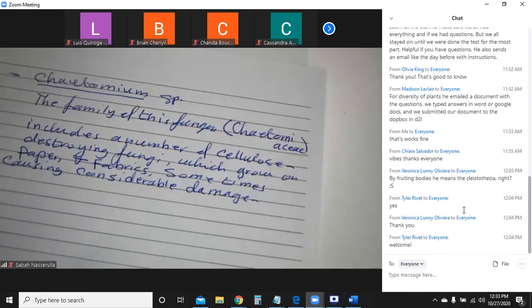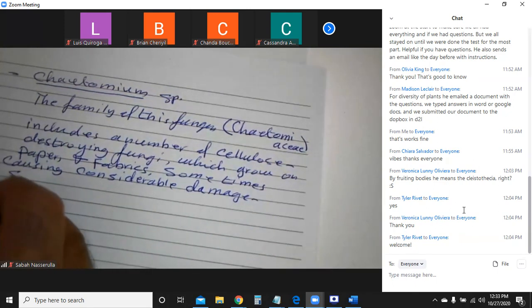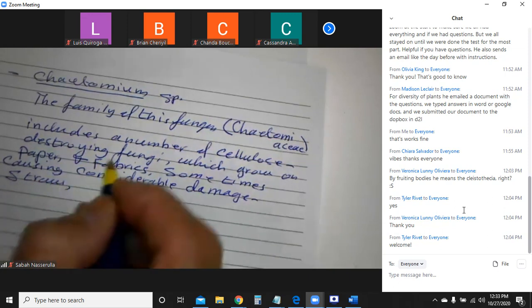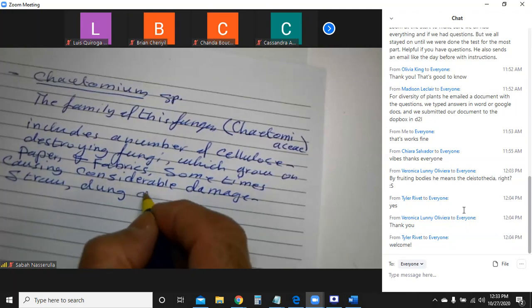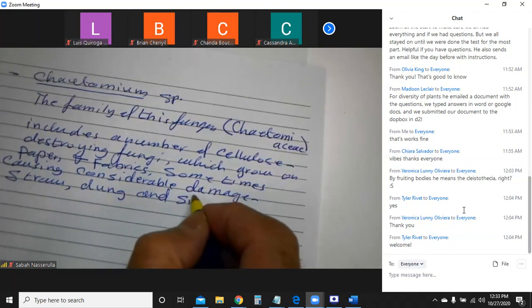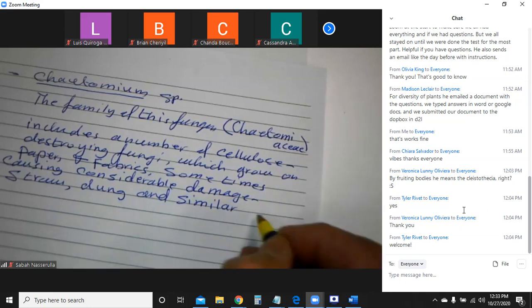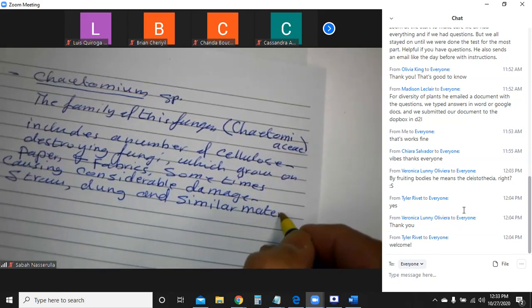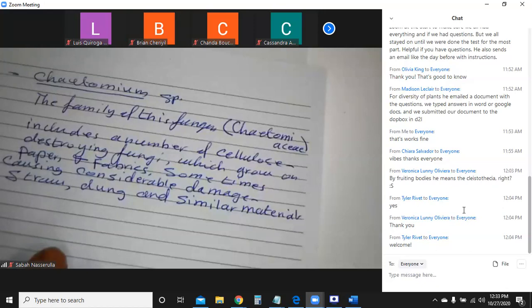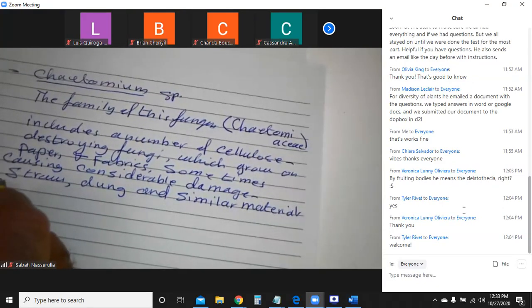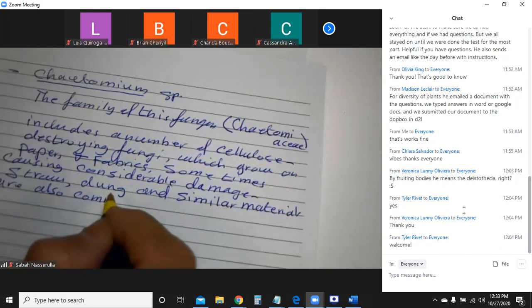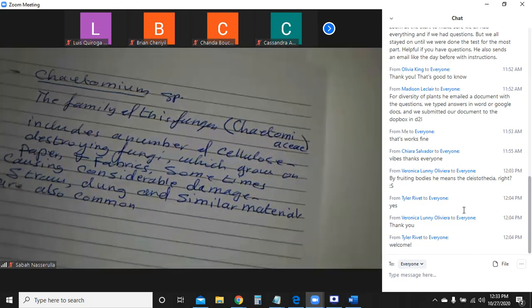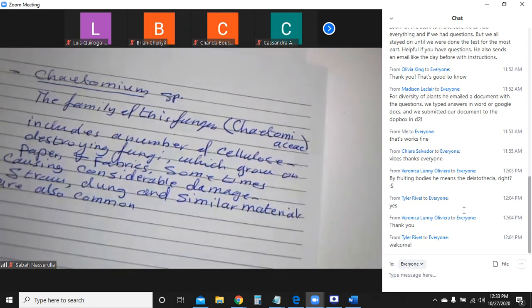Straw, dung, and similar materials are also common substrates for these fungi.